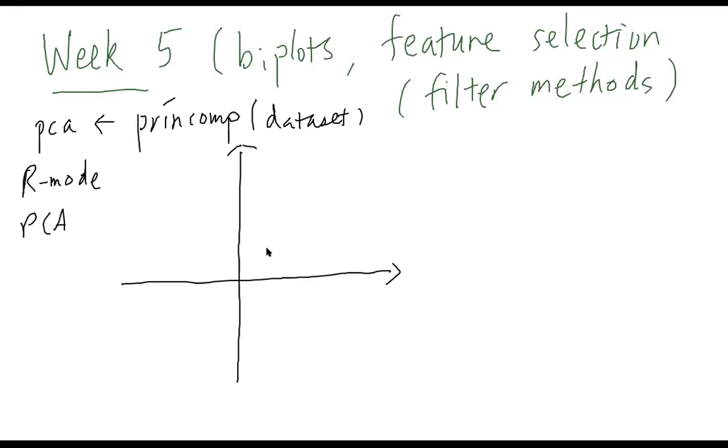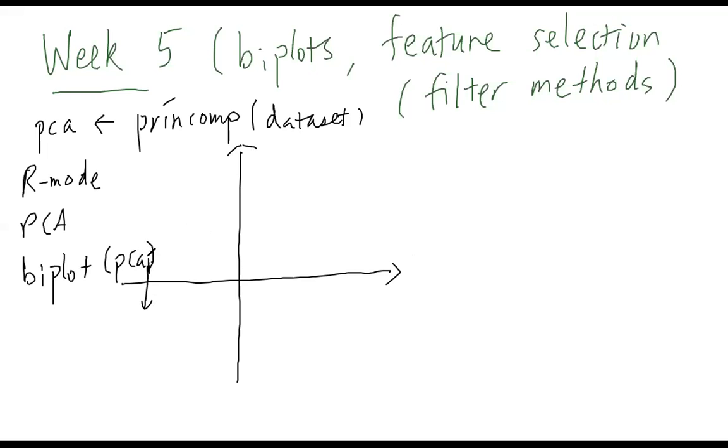And then after that, you can just invoke biplot of the PCA object. You can select the axes that you want to look at by controlling an argument here. If you don't put any arguments, it will just produce the first two principal components.